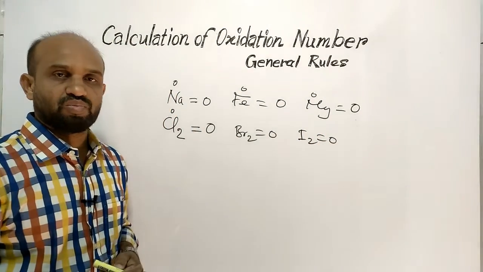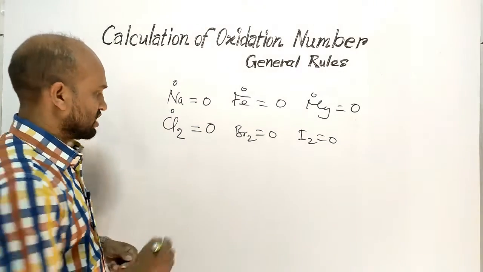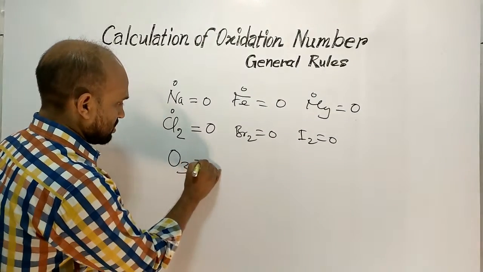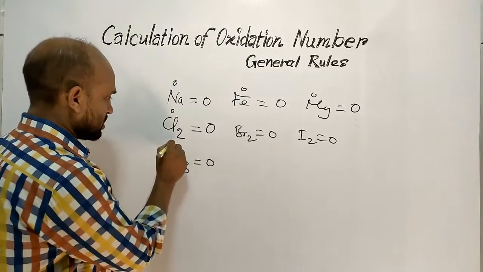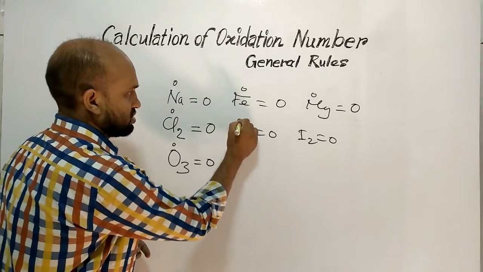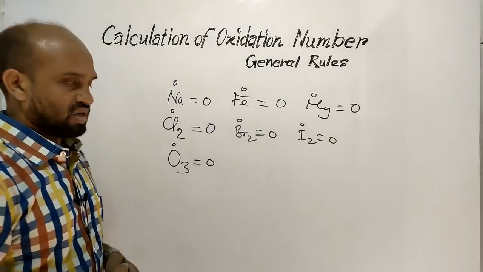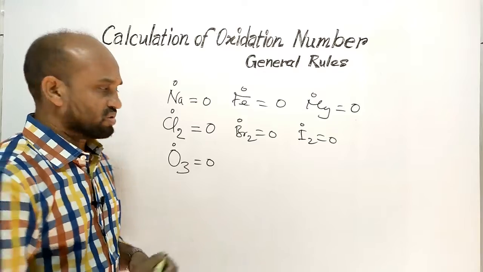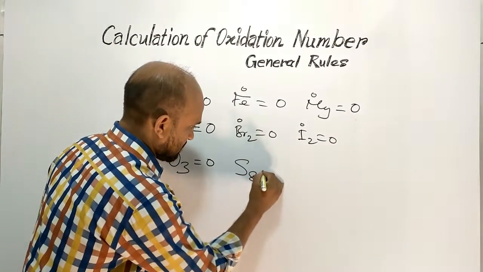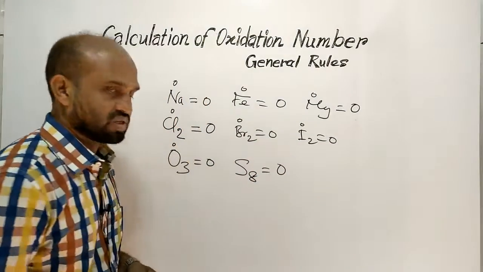And some polyatomic molecules like ozone, the oxidation number is 0. We can write here 0. And another molecule, sulfur S8, here the oxidation number is 0.